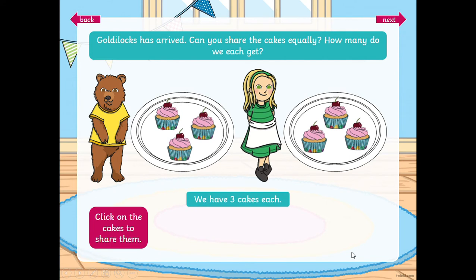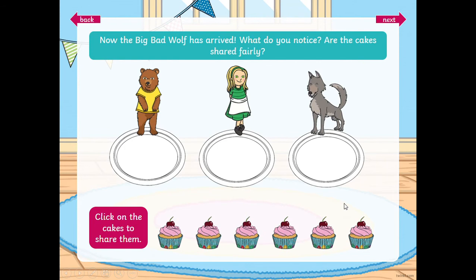How many cakes have they got each? They've got 3 cakes. Is that fair? Have they got an equal number of cakes? They have, haven't they? Baby Bear has got 3 and Goldilocks has got 3, so that means that is fair.